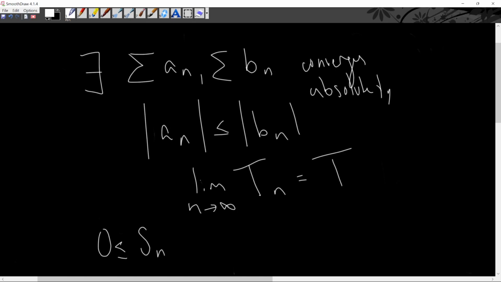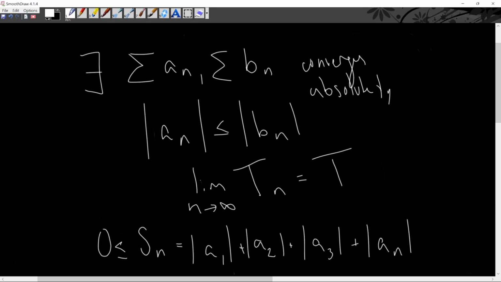We're going to say that 0 is less than or equal to S sub n, which again was A1 plus A2 plus A3, and on until you get to the nth term, and that this is less than or equal to the sum of, well, everything, S sub n plus t, right?